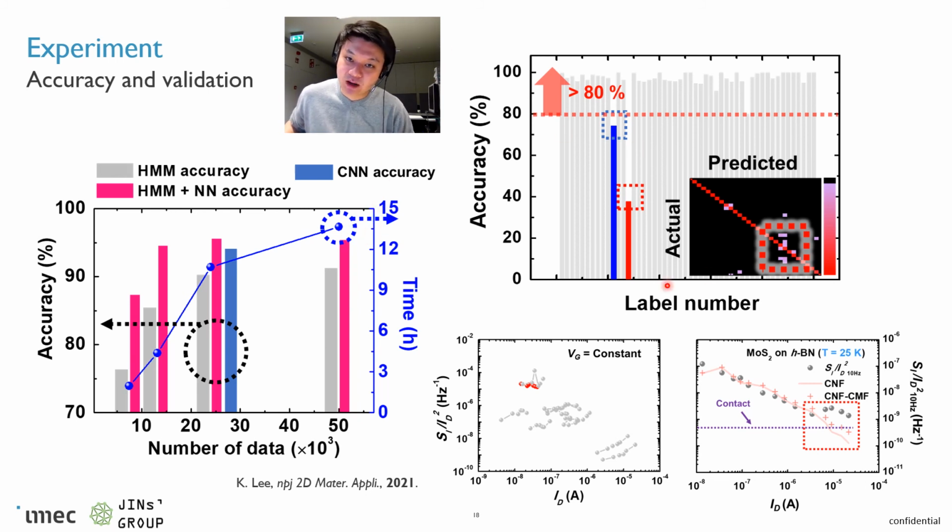As you can see in the right figure, almost every condition's label has over 80% accuracy, but only two labels have very poor accuracy. Interestingly, those two labels have very large contact resistance. So as you can see in the confusion matrix, they confuse each other.